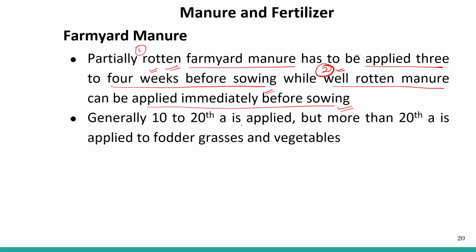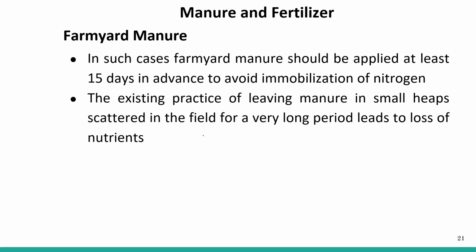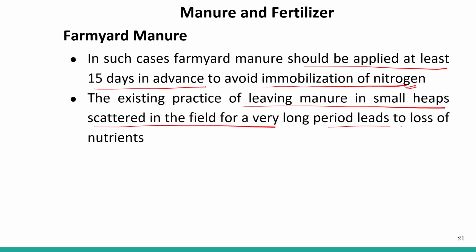Generally 10 to 20 tonnes is applied, but more than 20 tonnes is applied to fodder grasses and vegetables. In such cases, farmyard manure should be applied at least 15 days in advance to avoid immobilization of nitrogen. The existing practice of leaving manure in small heaps scattered in the field for a very long period leads to the loss of nutrients. So this should be avoided.